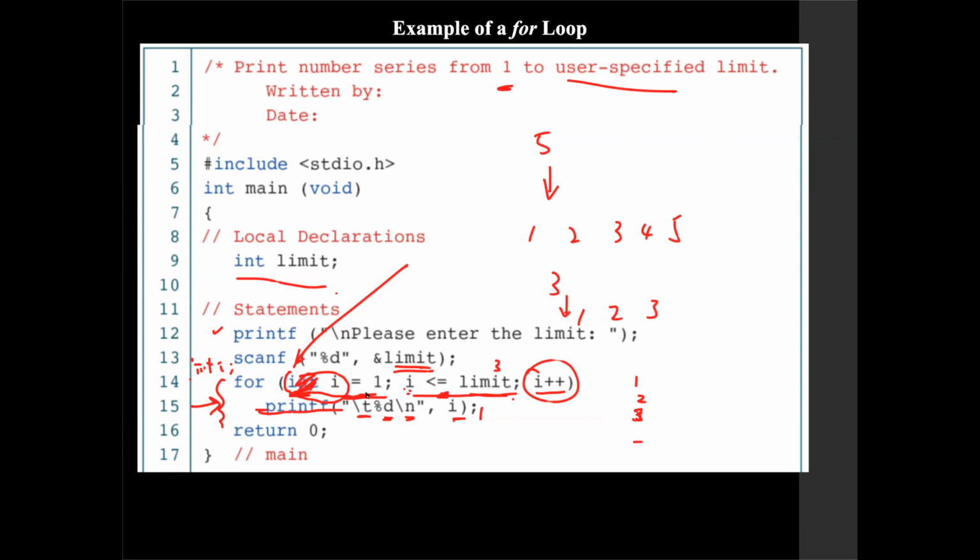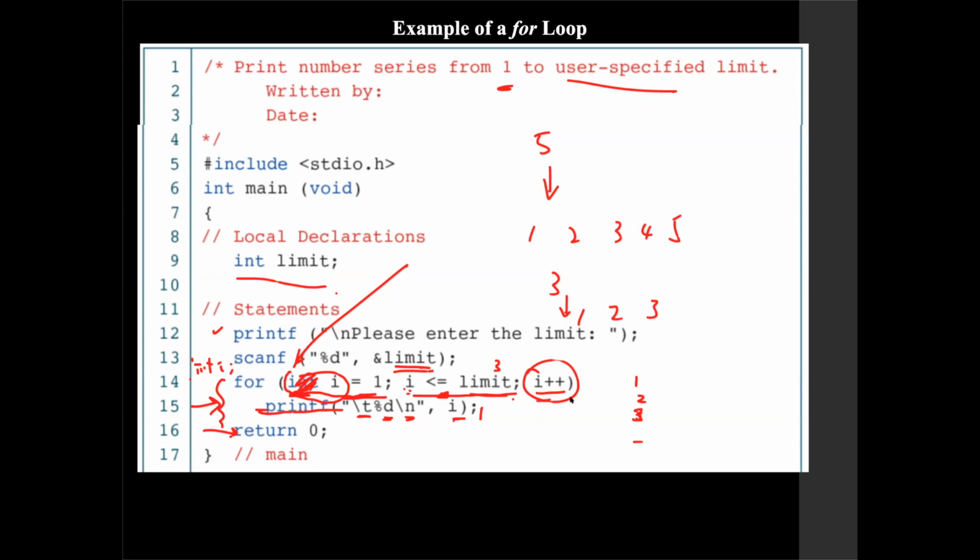The loop continues until the point where i is greater than limit, and then the entire loop exits. Line 16 is then evaluated and the program is done, because return 0 stops your program. Notice that at the end of each iteration, i++ is executed.